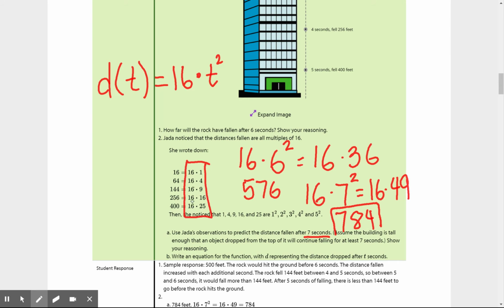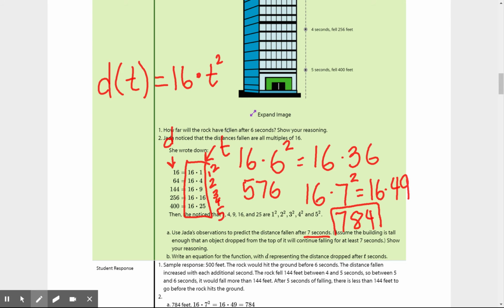I know 16 has to be involved because each of these has 16. This column represents D, the distance. And this column represents t, the time. After 1 second, after 2 seconds, after 3 seconds, after 4 seconds, and after 5 seconds. You just have to remember that that number was squared, and that's why I have t squared.